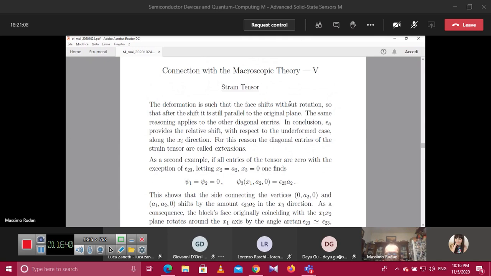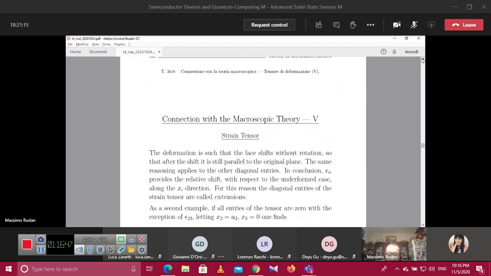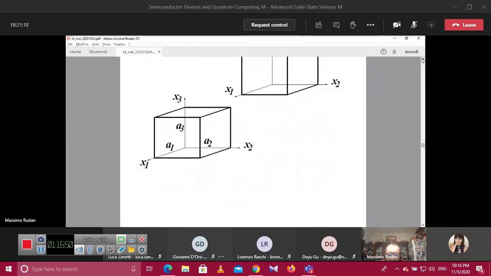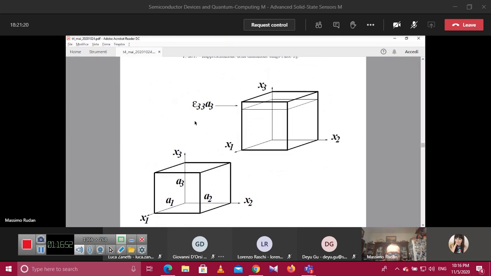We can conclude that the entry epsilon 33 of the strain tensor multiplied by A3 gives the elongation by which the little block deforms due to the action of a force that is pulling in the upward direction, okay?